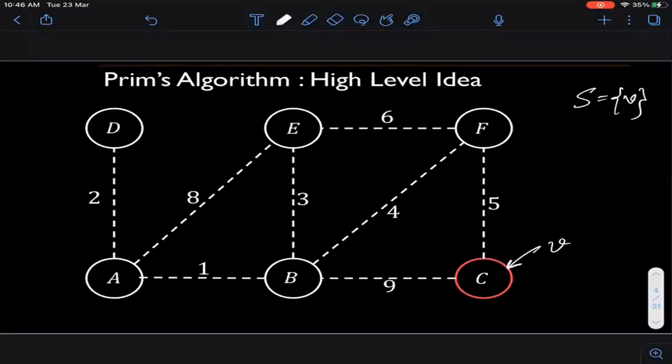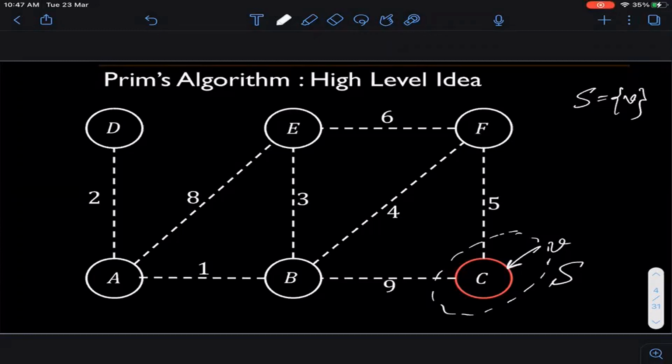So the idea is the following. I start with some set S. So I call this S. My idea would be to gradually grow this set S by adding more and more vertices. In every iteration I will try to add one vertex to my set S. So how will I add that vertex? I will look at the edges that are going out of S. And I will choose one of the edges.